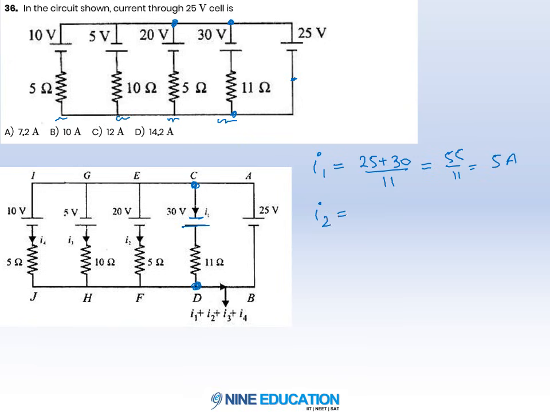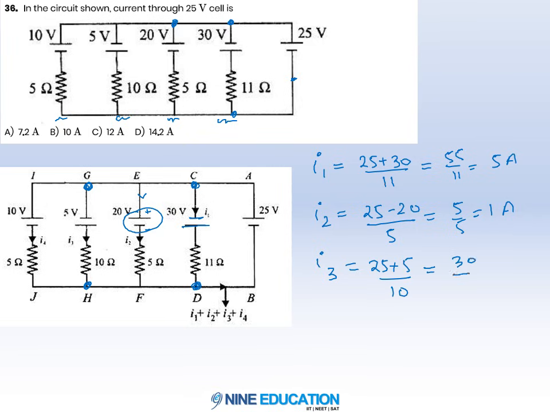I2 is equal to 25 minus 20. You have to focus here, minus 20. Current is going like this, this is plus, this is minus, so we are leaving the negative side, upon 5, so it becomes 5 upon 5 equals 1 ampere. Now talking about I3, the potential difference across it is again 25. A 5 volt battery is there, so effectively it becomes 25 plus 5 upon how much resistance, 10.